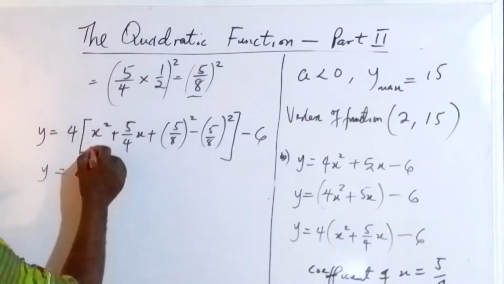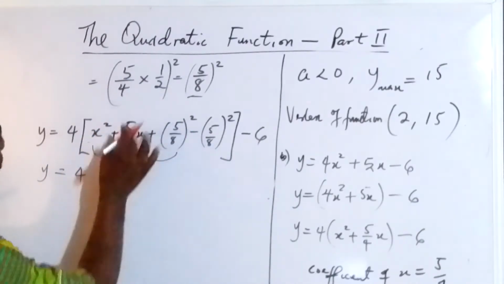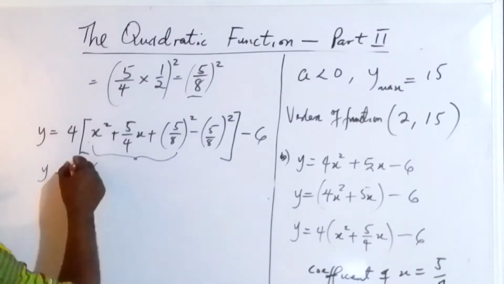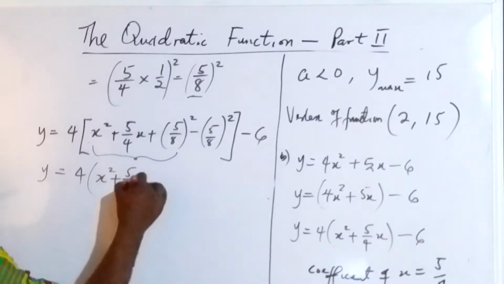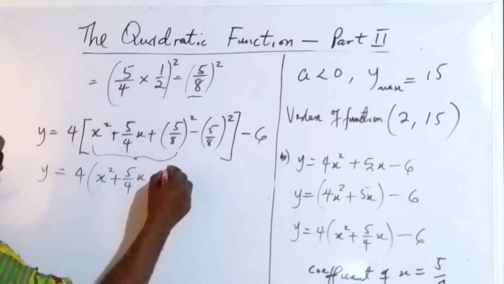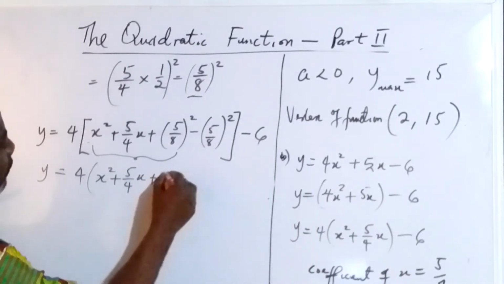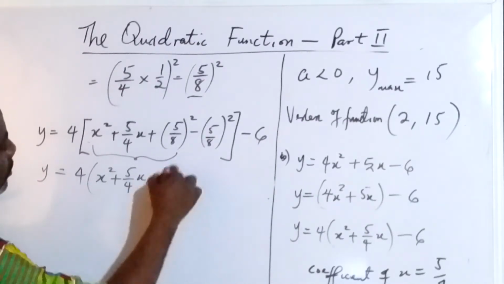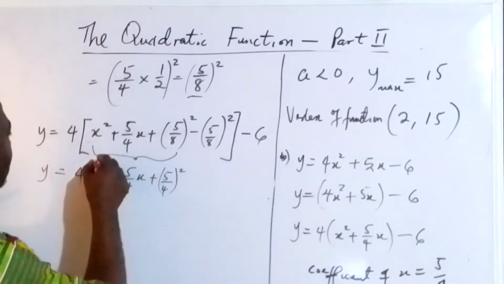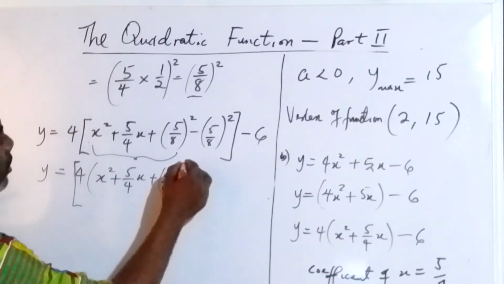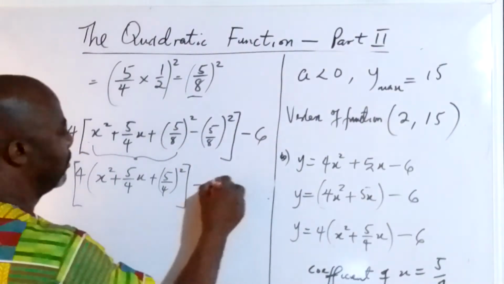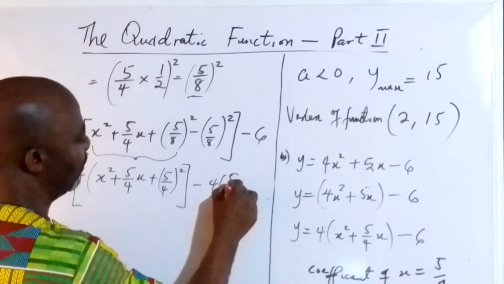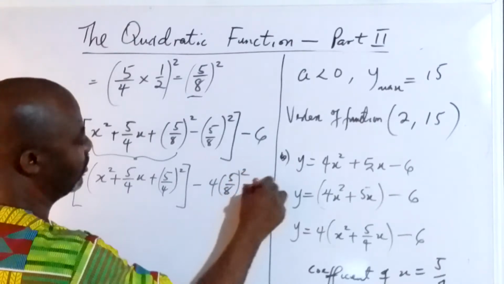I open this bracket as before, group this together and open the bracket. That will give me 4x squared plus 5 over 4x plus 5 over 4 squared. Close the bracket, then minus 4 times 5 over 8 squared minus 6.